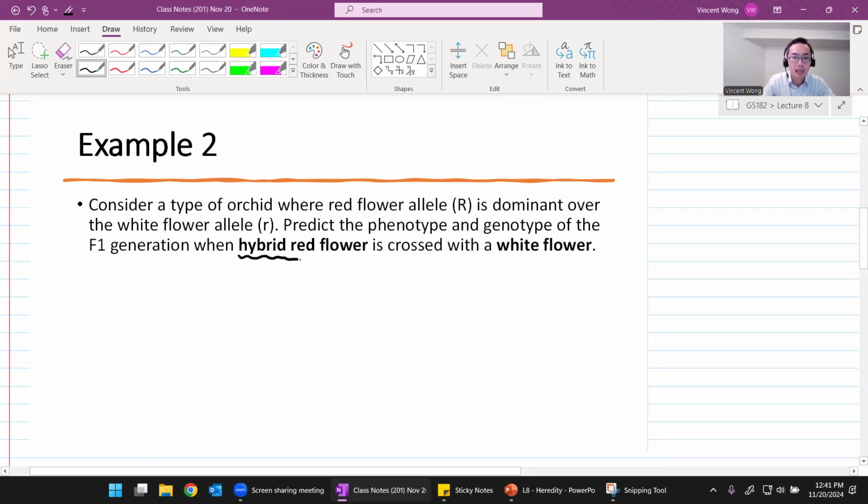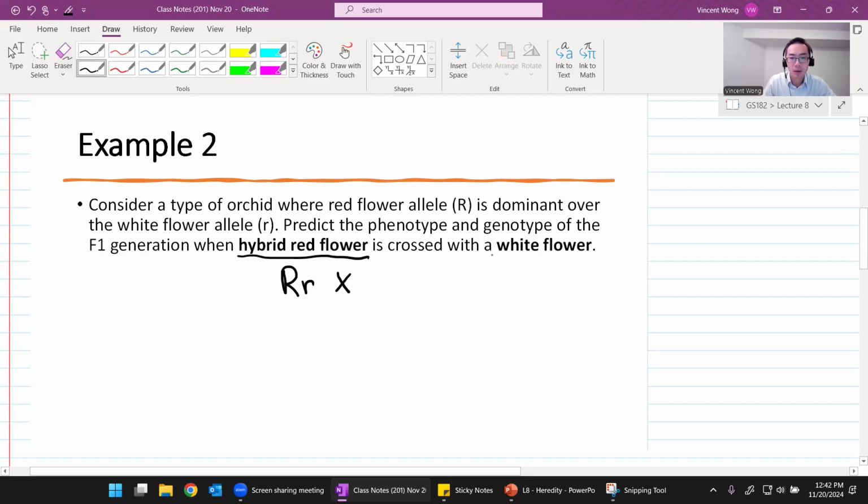But what is hybrid red? In the previous example, hybrid red would be big R, small r, right? Cross means to breed and have offspring with a white flower.